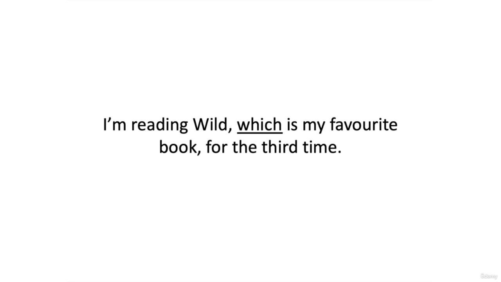The relative clause, which is my favorite book, gives more information about the book Wild. Notice how the relative clause is in the middle of the sentence and is therefore placed between two commas.